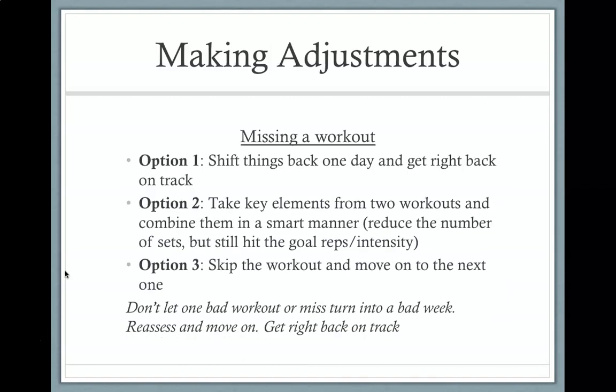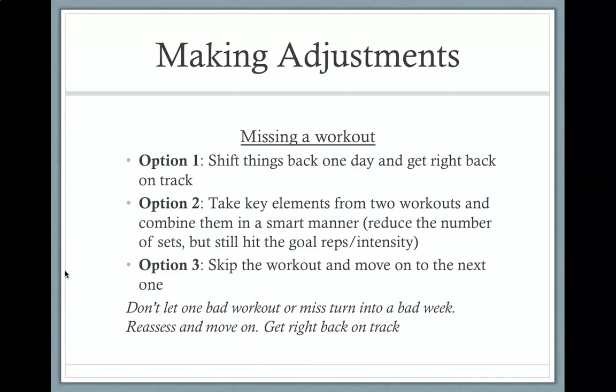Talking about making adjustments to a program, if somebody misses a workout, first thing we can do is shift things back one day and get right back on track with that program. If that's not possible, we go to option 2. We can take key elements from 2 workouts. Maybe we take some of the main lifts, make sure that we're still hitting those, and a couple accessory movements.